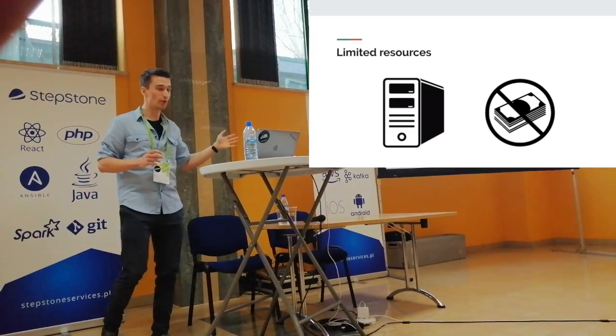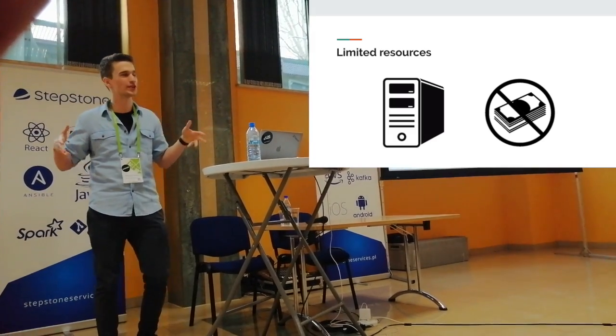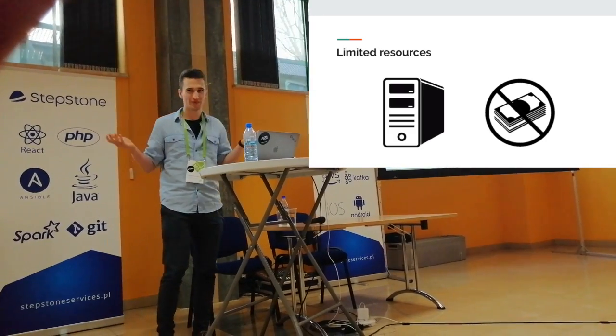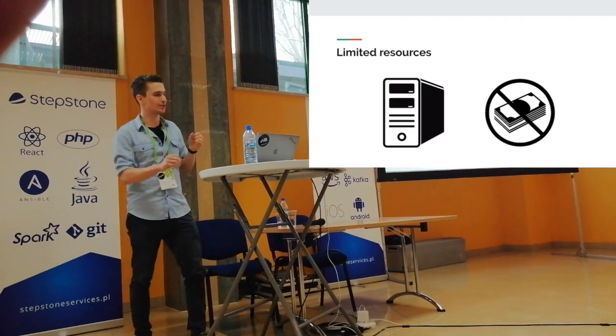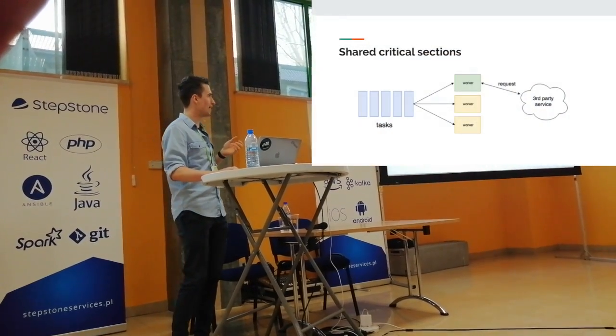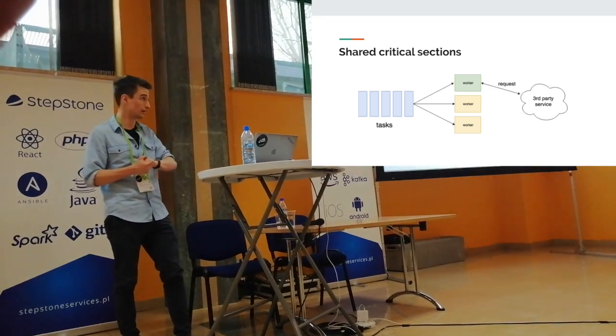So suddenly we cannot add more servers, we cannot add more workers, we cannot add more processes, and the tasks are growing. So what do we do? We had to answer that question. And we started digging in, and we found out this problem in our project.